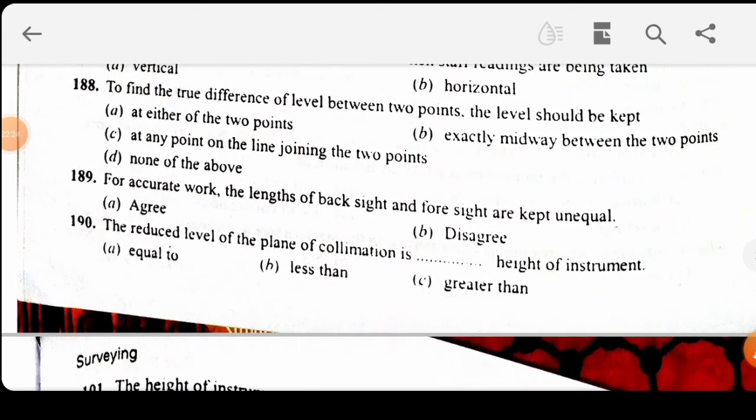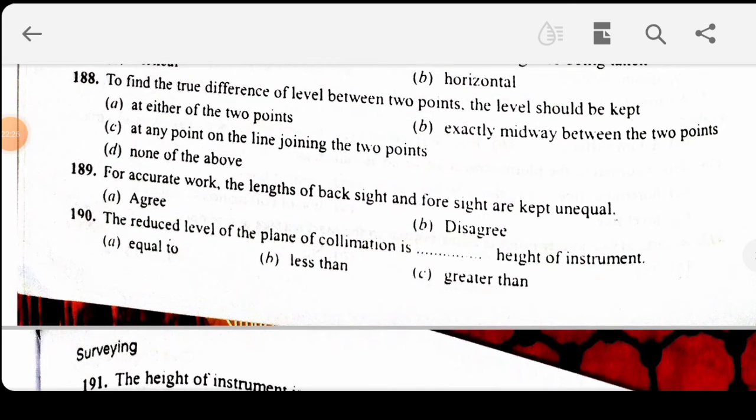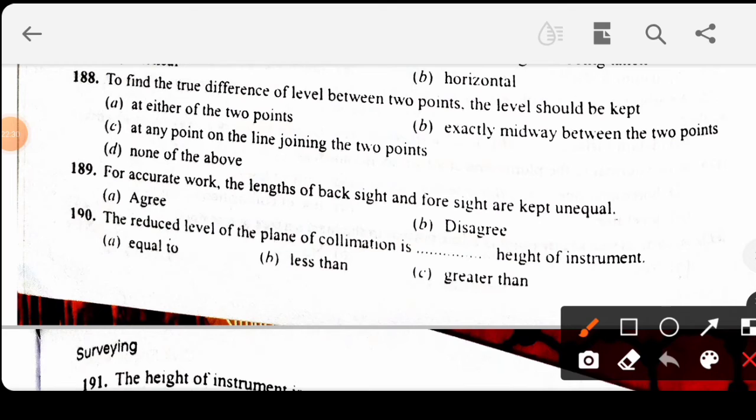188 number question. To find the true difference of level between 2 points, the level should be kept exactly midway between the 2 points. Correct answer B. For accurate work, the lengths of backside and foresight are kept unequal.